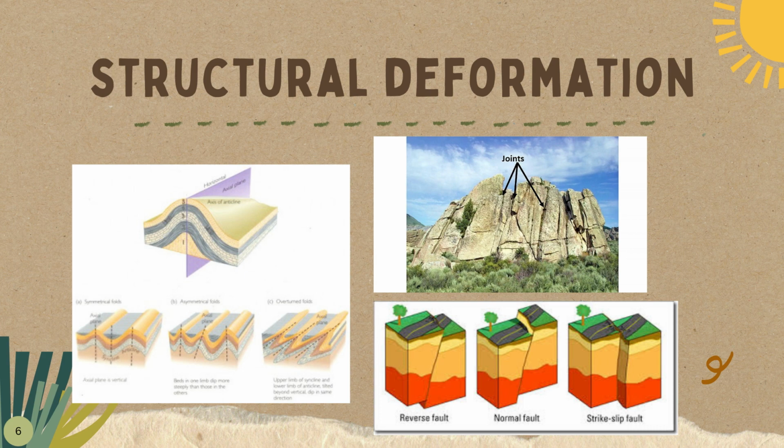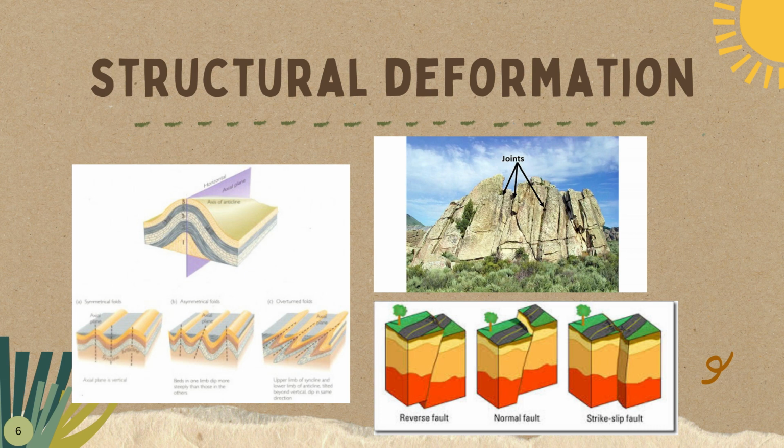And the last one is strike slip fault. It is when rocks on either side of a nearly vertical fault plane move horizontally. Normal and reverse faults move vertically, but strike slip moves horizontally.